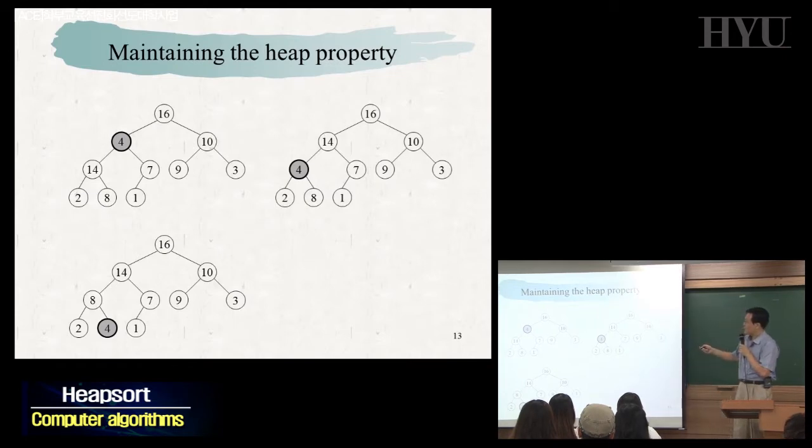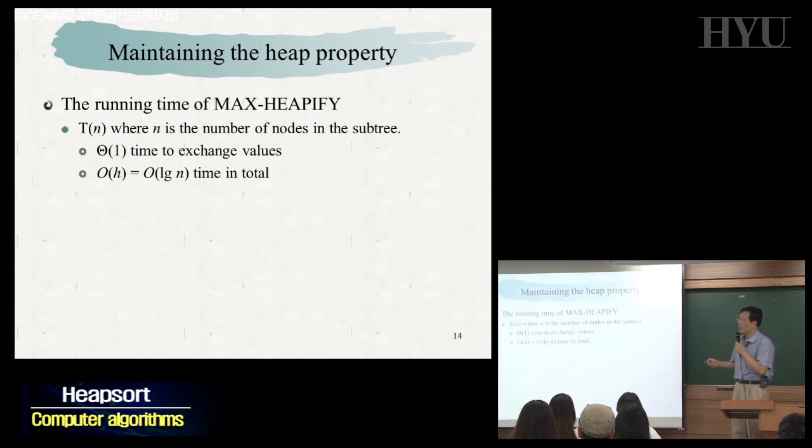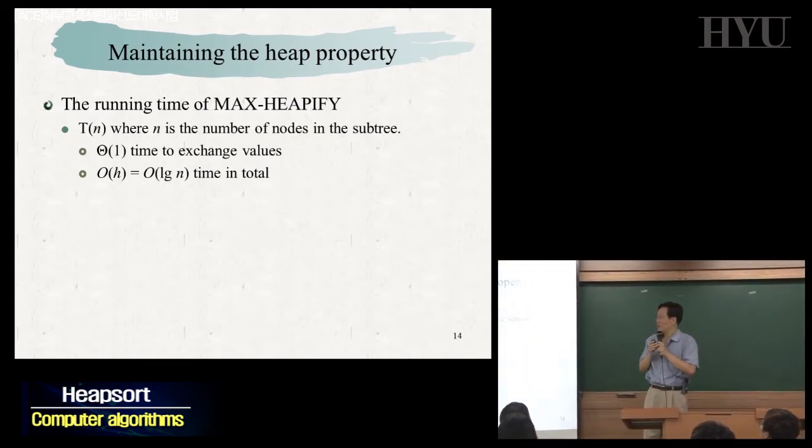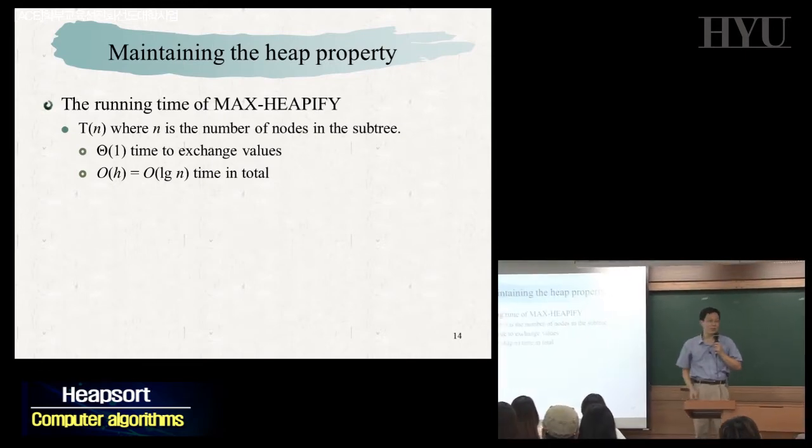Then it is the height of the input node. So it may float down to the bottom. So the running time is big O of h. h is the height of the node. In the worst case, the height can be the height of the heap. So it is big O of log n.